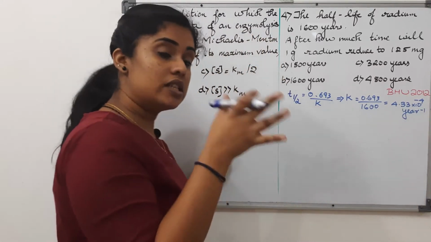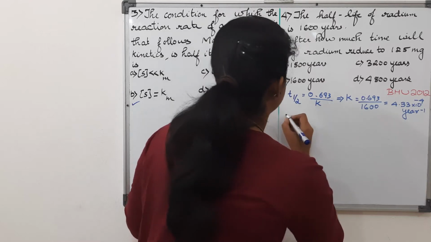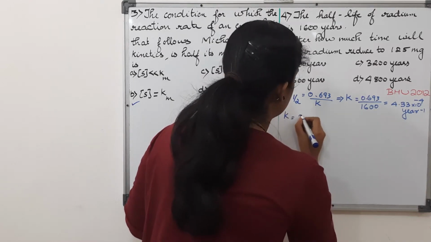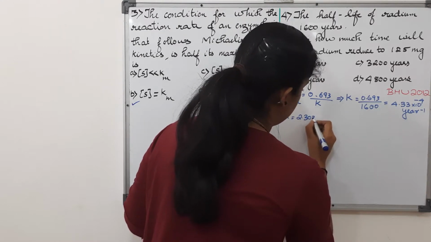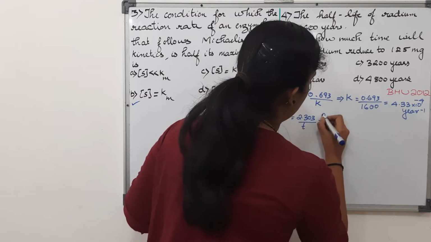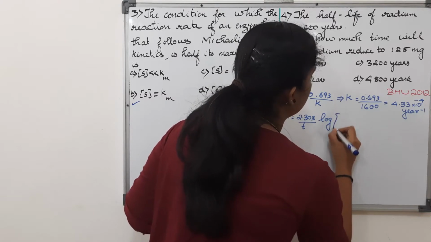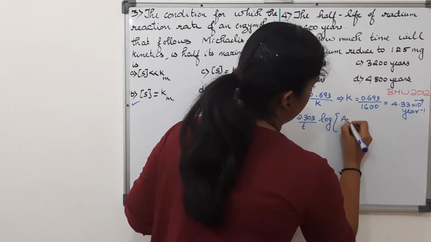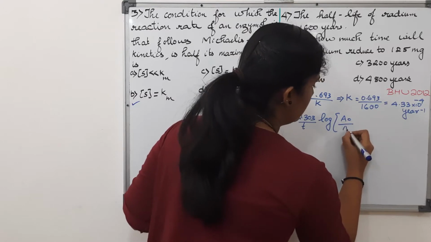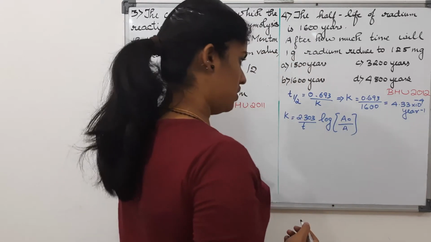Now from the integrated rate law for first order, we can say K equal to 2.303 by T log initial concentration, that is A naught, by final concentration A. So from this, what can I say?